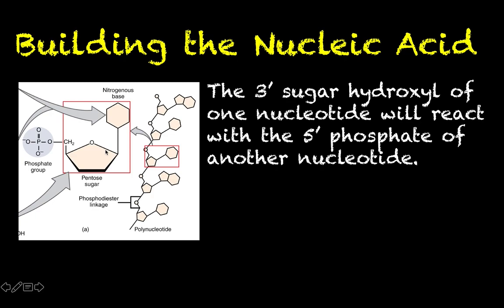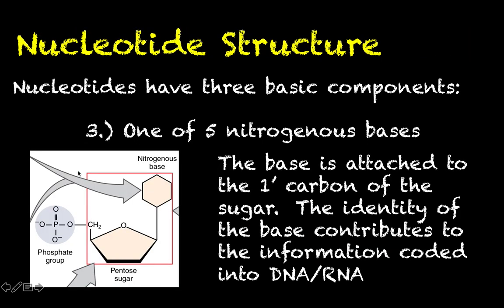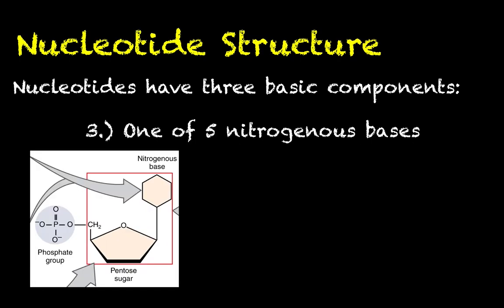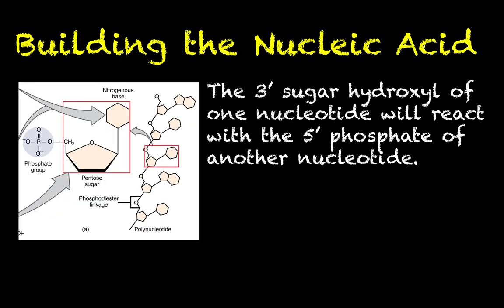It's not properly illustrated here from your textbook, but if we back up for just a second, here we go. When we say the 3' hydroxyl of one nucleotide, we're talking about this hydroxyl right here in ribose, or this hydroxyl right here in deoxyribose. So the bond we're going to form is between the 3' hydroxyl of one sugar for one nucleotide and then the 5' phosphate of a different nucleotide.